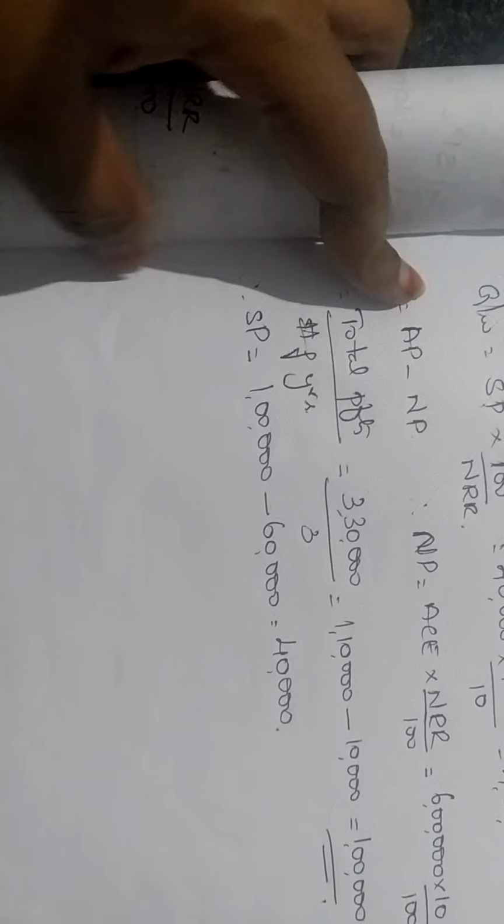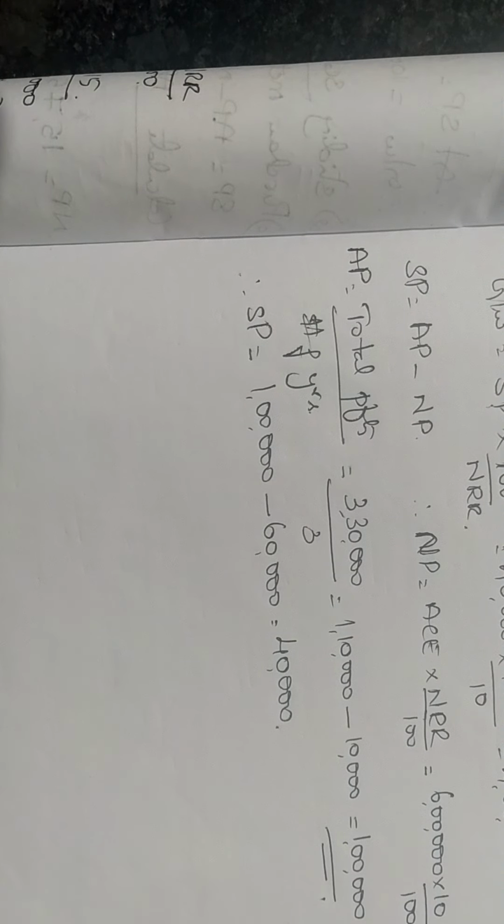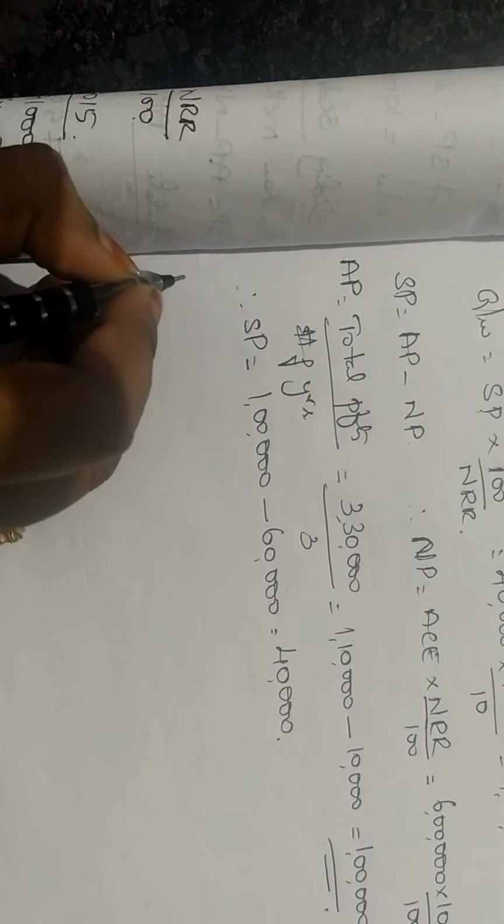So first we'll write the formula under the net asset method, which I have already given you.